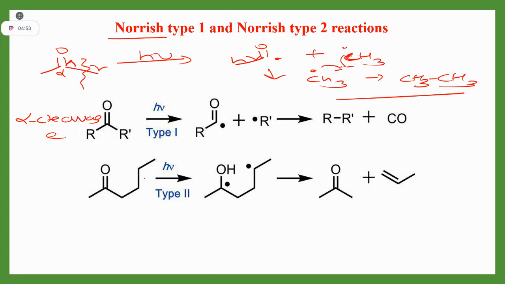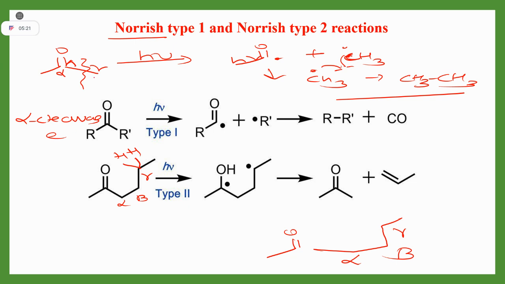And if apart from alpha cleavage you have gamma hydrogen, alpha, beta, gamma. Once again, let me clarify this notation. The carbon just next to carbonyl is your alpha, this is your beta, this is your gamma. Okay, so we know that there are two hydrogens present at gamma position, right?